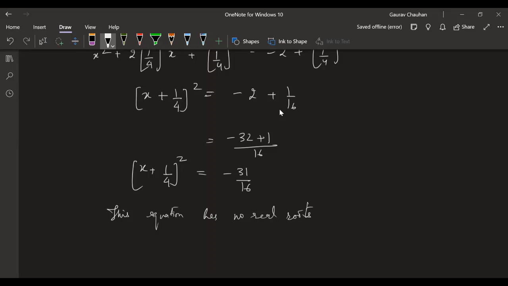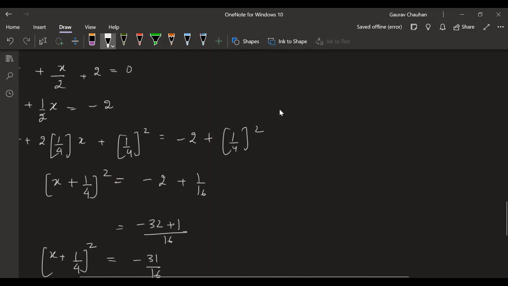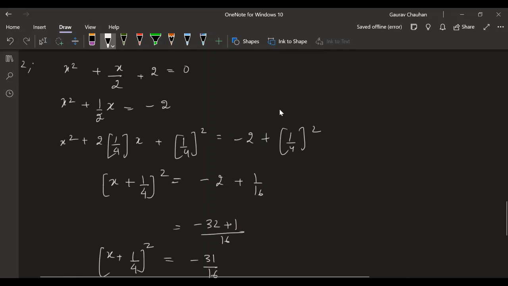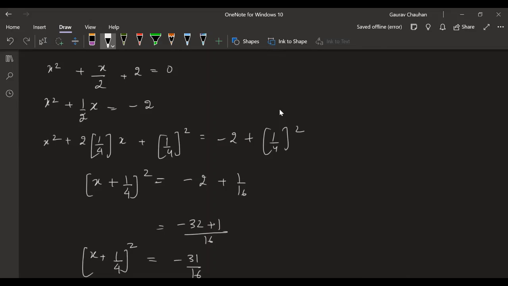All right. And I want to remind you of the quadratic formula procedure, the discriminant method of checking whether an equation has real roots or not. My quadratic formula is x is equal to minus b plus minus root over b square minus 4ac by 2a.